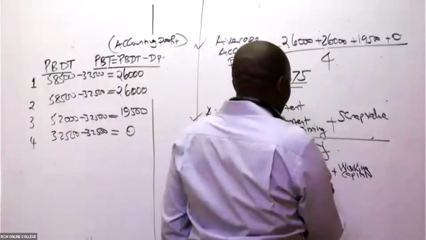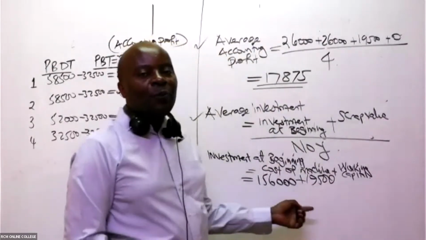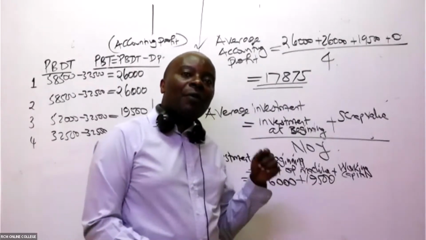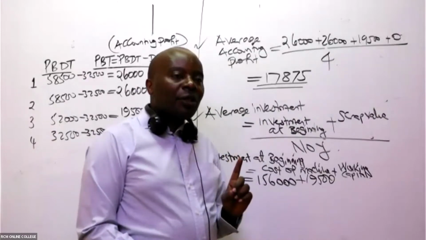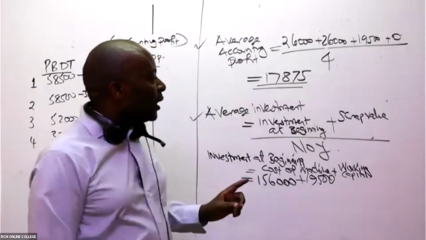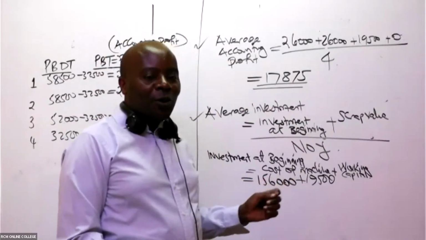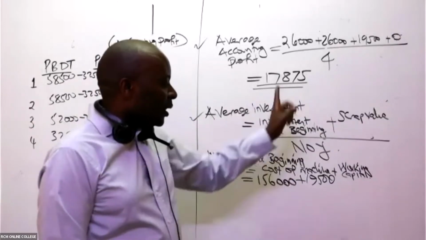Ladies and gentlemen, so many of you were depreciating this working capital. Working capital can never be part of our depreciation equation. Nowhere. It's only the cost minus the scrap value.